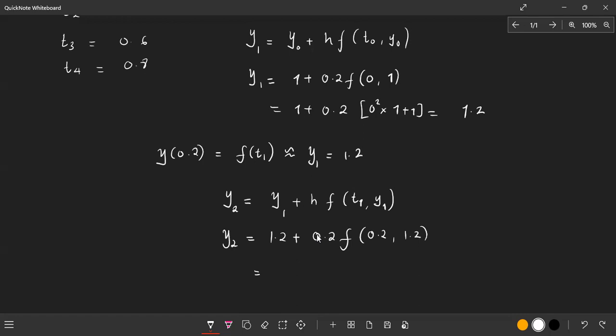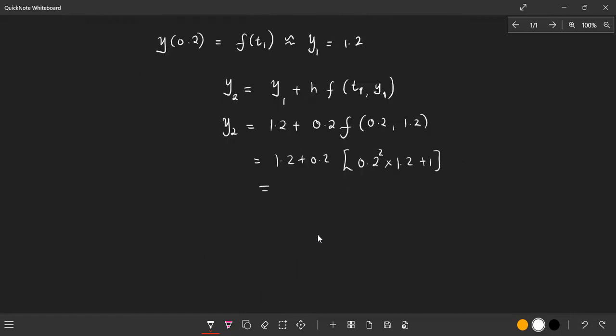So 1.2 plus 0.2. In our function, our t is equal to 0.2, so 0.2 squared, our y is 1.2, and then plus 1. And if you punch this on your calculator, you should be able to get 1.4096.